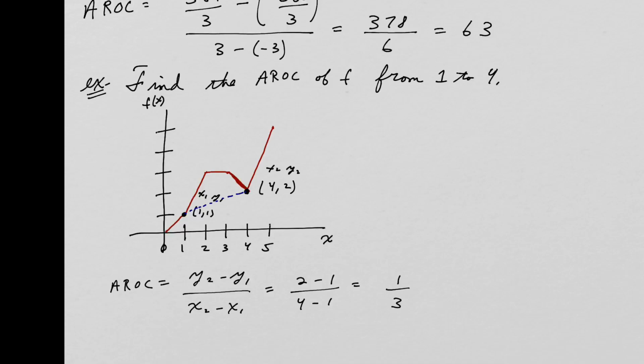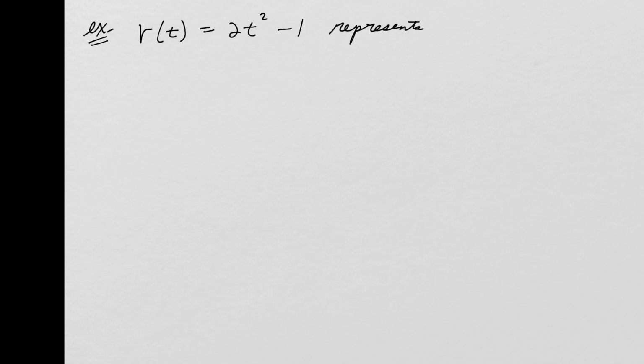Okay, here's one more. Let's say you're told that r of t equals 2t squared minus 1 represents the position in meters of a particle at time t seconds.